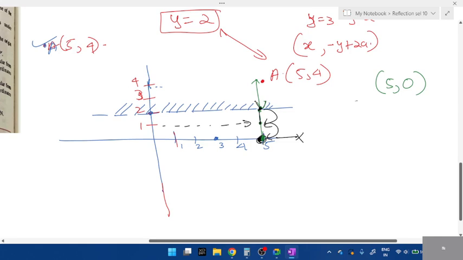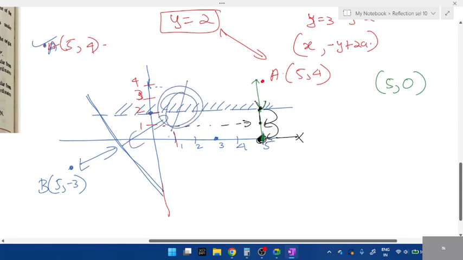But if you know the formula, you can solve tough questions. Sometimes, look, I give you an example. Sometimes the point will be here, for example, 5 comma minus 3. And your mirror will be in some position like this. Then you can't measure this distance and you can't plot the point somewhere here.